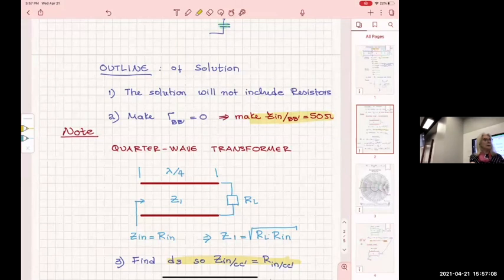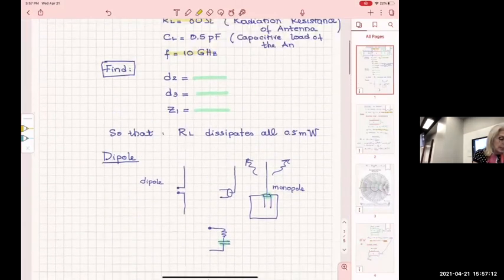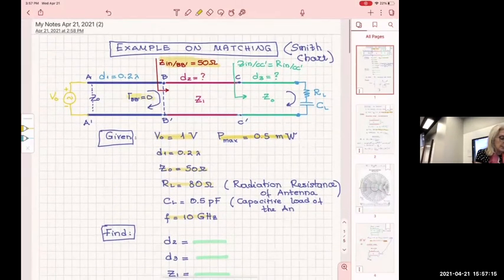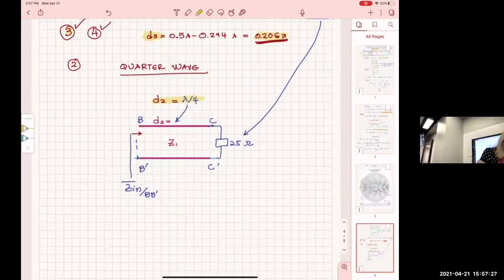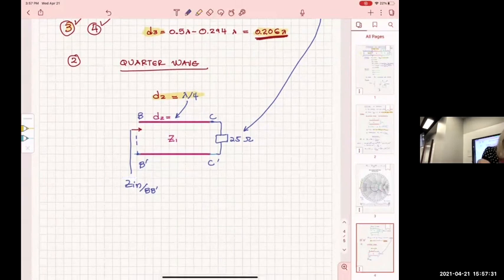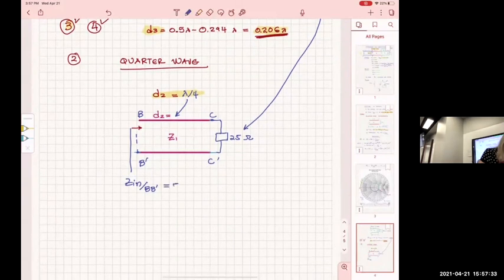To make my reflection coefficient at that point on the line 0, the impedance I see from that has to be 50 ohms. You agree? Okay. So now I'm going to make Z input equal to 50 ohms. That's what my outline told me from the beginning.